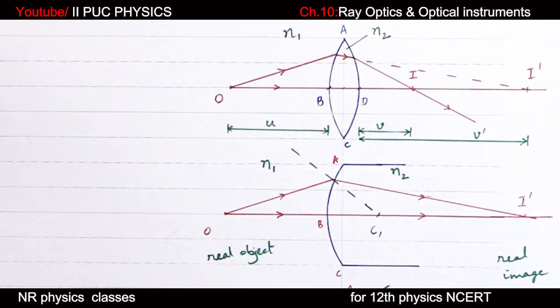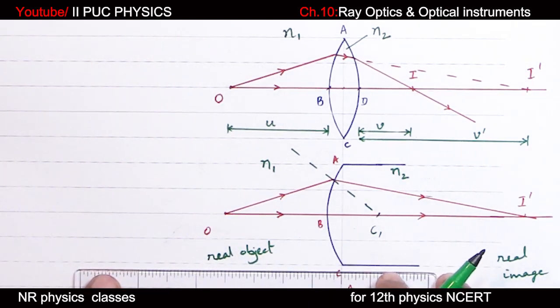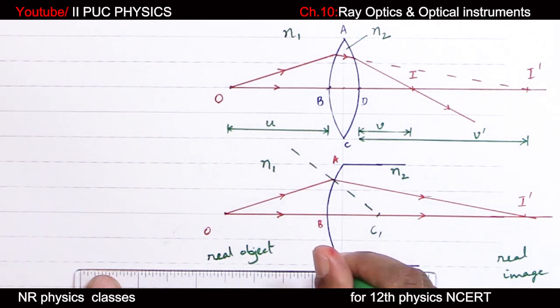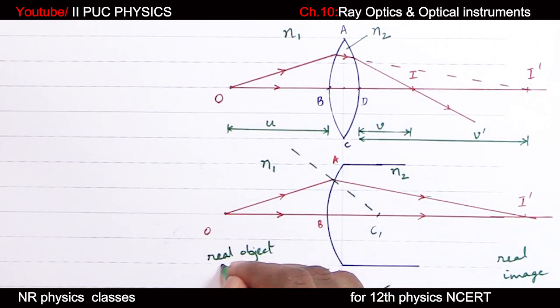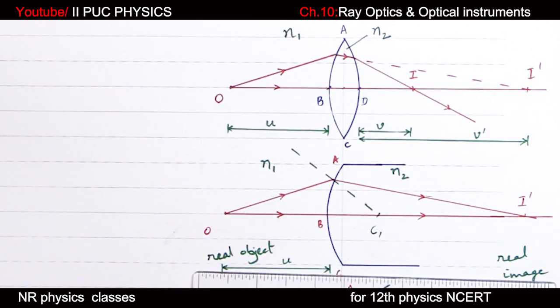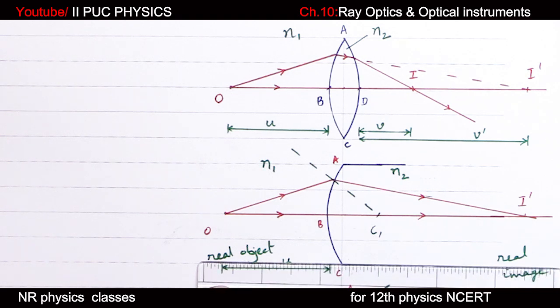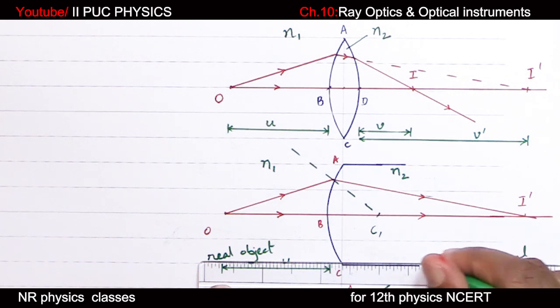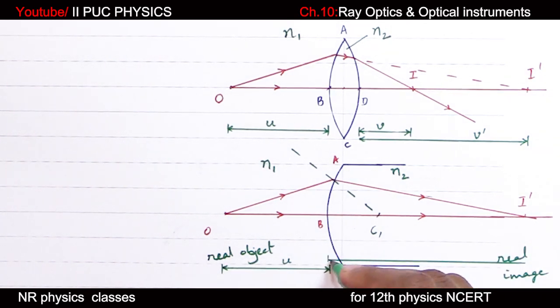Same thing here: object to B is U, so this distance is U. B to I dash is V. This is V dash.